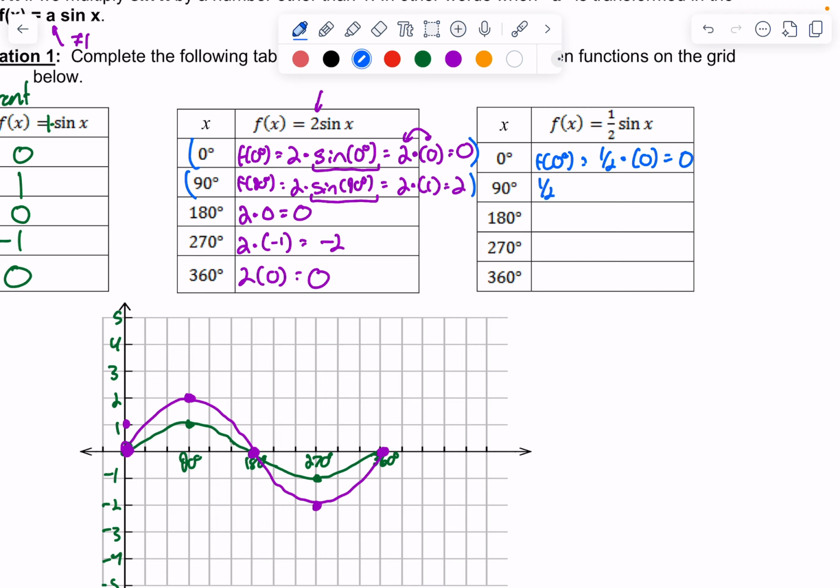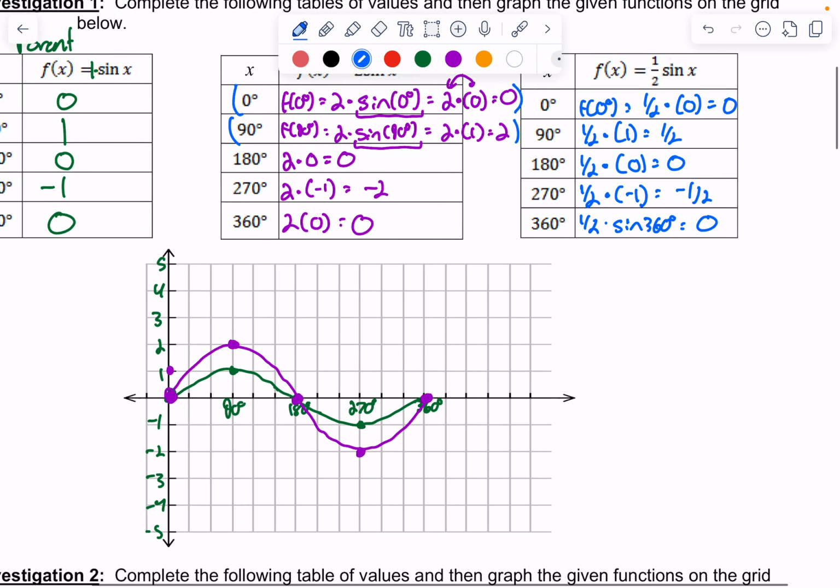Half times the value of sine at 90 degrees, which is 1, would be 1 half. 1 half times the value of sine at 180 would give you 0. 1 half times the value of sine at 270, negative 1, gives you negative half. And then half times the value of sine at 360 is still 0.